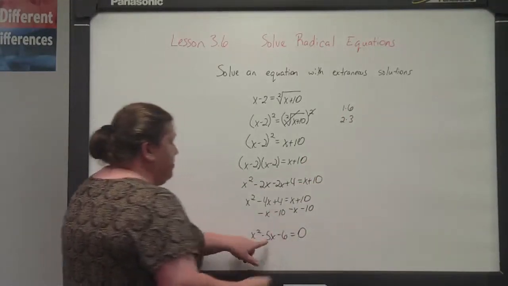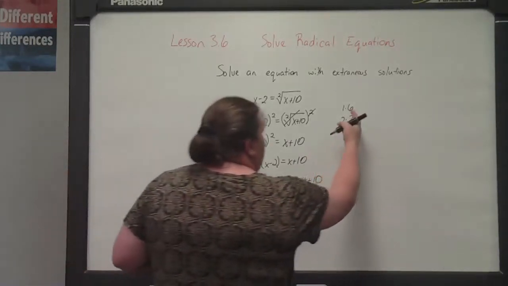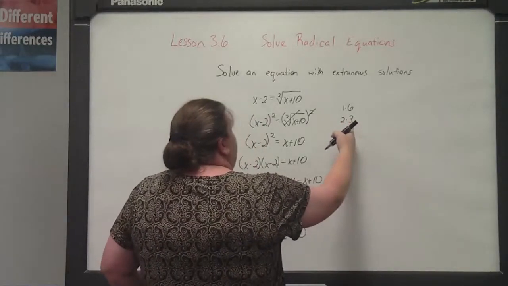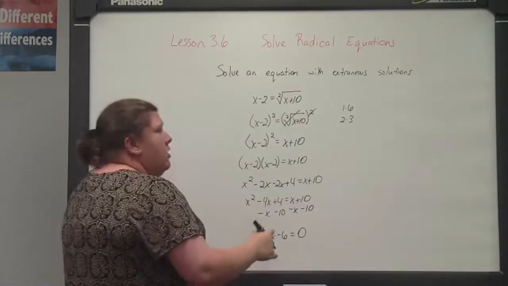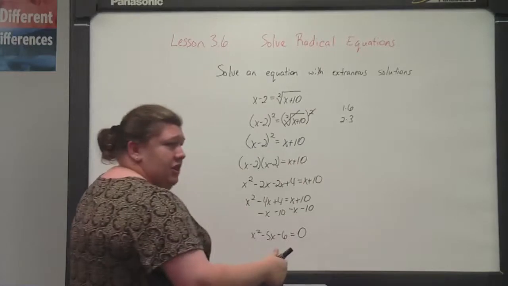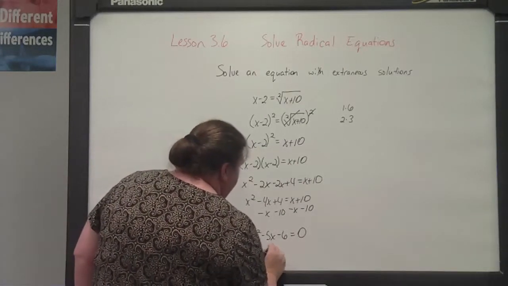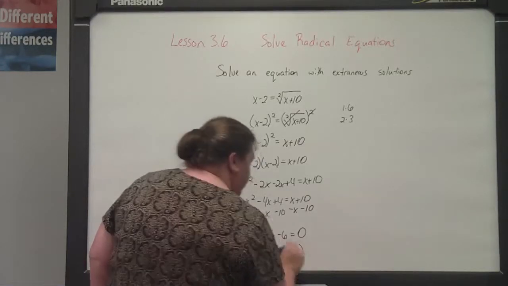And so I have to make it equal a negative 5. So I can say, well, if I do a negative 3 plus 2, that doesn't give me a negative 5. But if I do a negative 6 plus 1, it does give me a negative 5. And so I can rewrite this as x minus 6 times x plus 1.